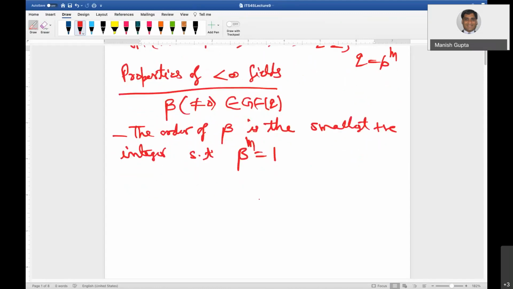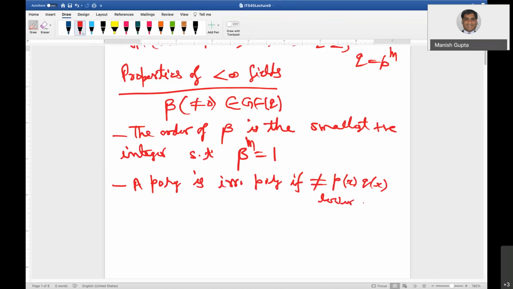That is the definition of order. A polynomial is said to be an irreducible polynomial if it cannot be written as a product of two lower degree polynomials.